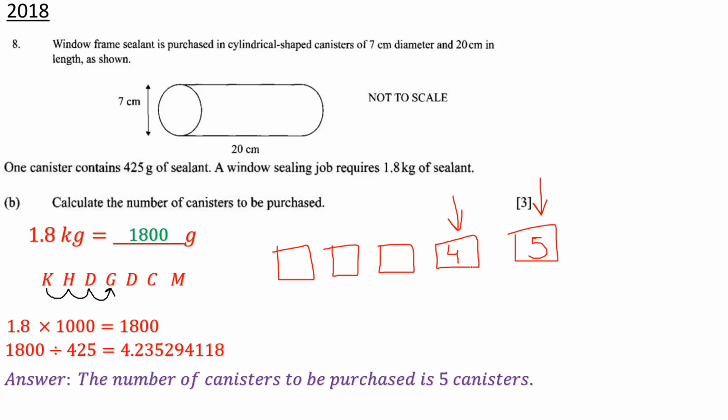There's no 4.235 canisters. It's either 4 or 5. Which one are you gonna pick? We have to pick 5, because if we pick 4, we won't have enough to do the window sealing job. All right. Okay, so let's move on to the next question.